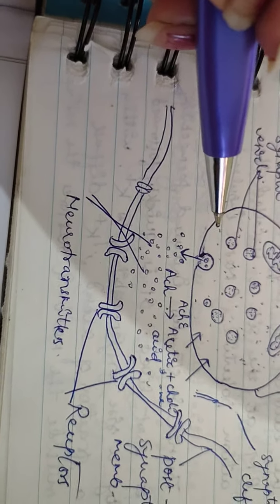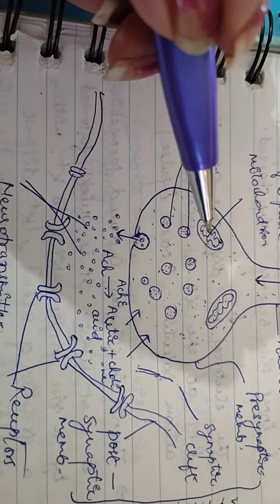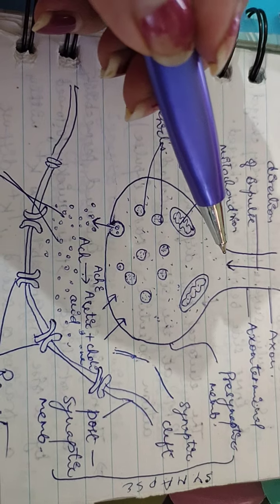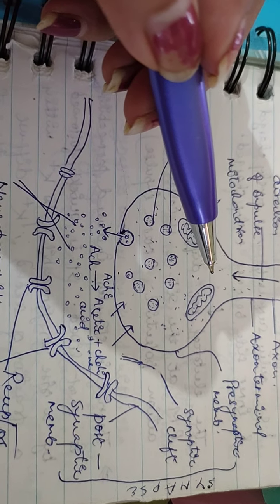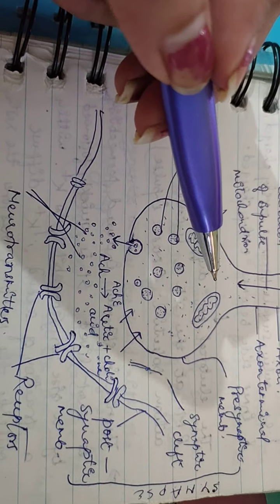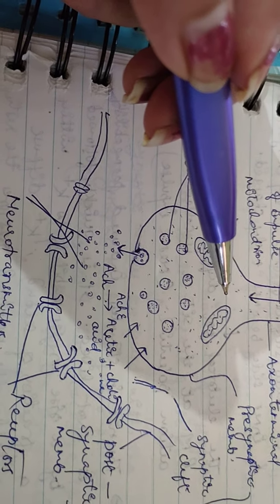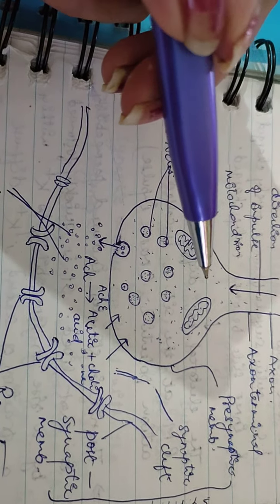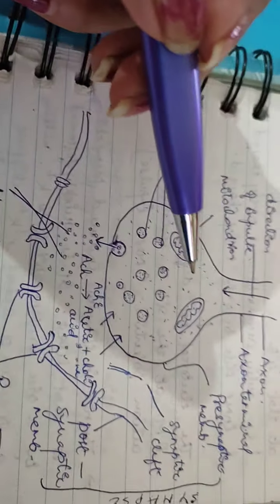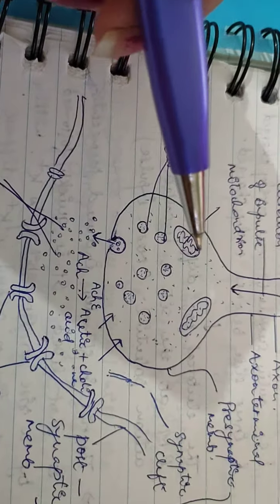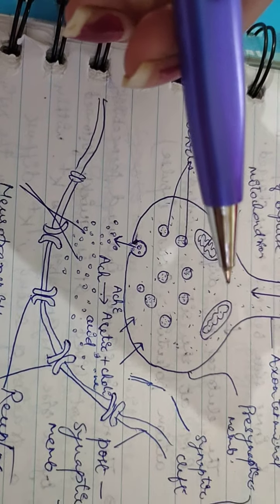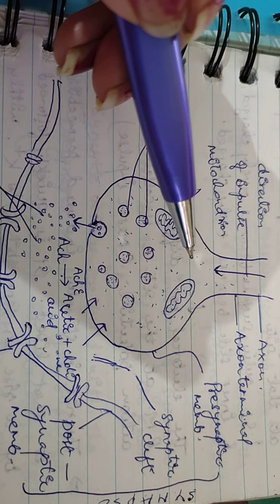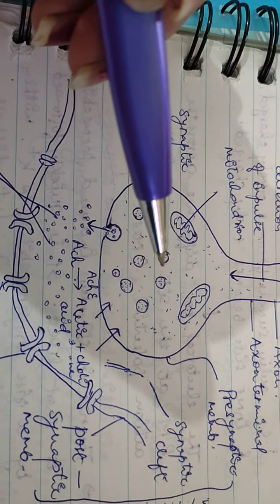Once a stimulus is received by a neuron, it travels through it in the form of electrical disturbances. How a message is converted into an electrical impulse, you will study in class 11th in detail. In class 10th, you just need to know that once a stimulus is received by a neuron, it travels in the form of electrical impulse.